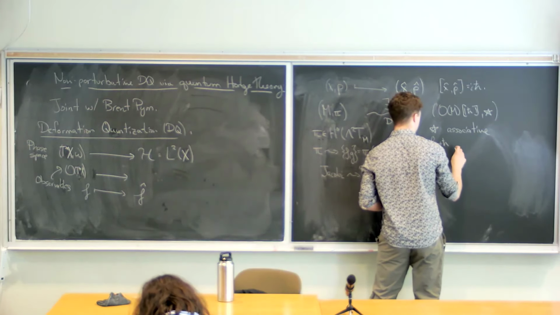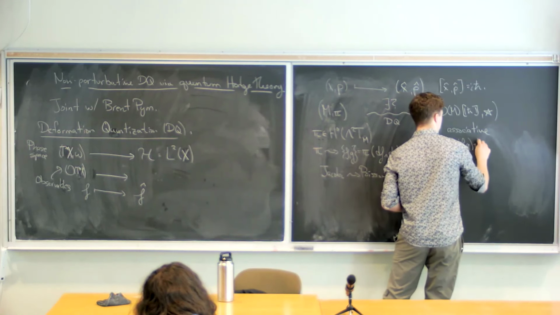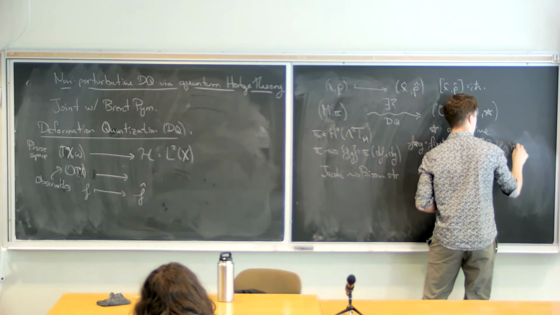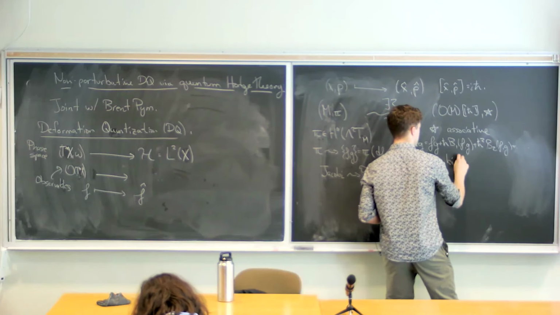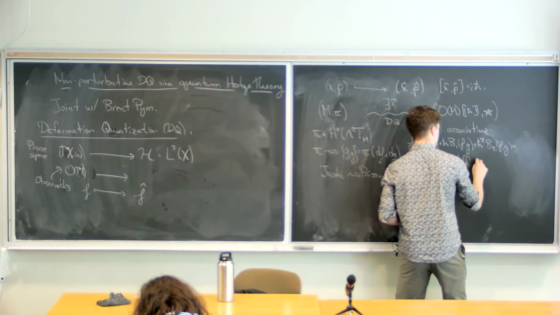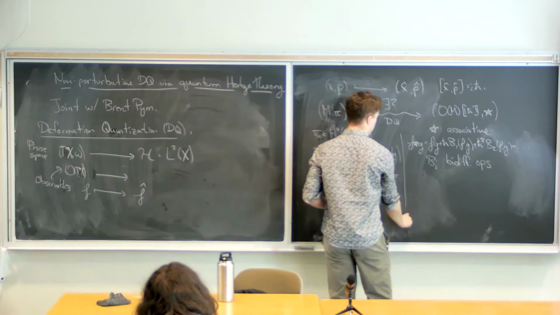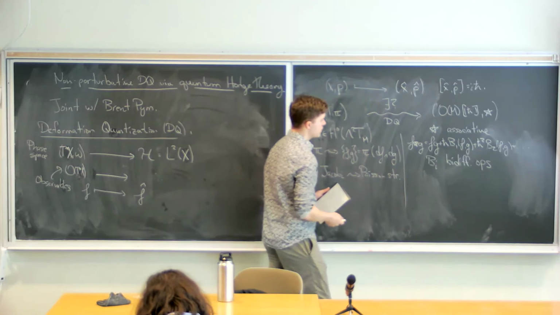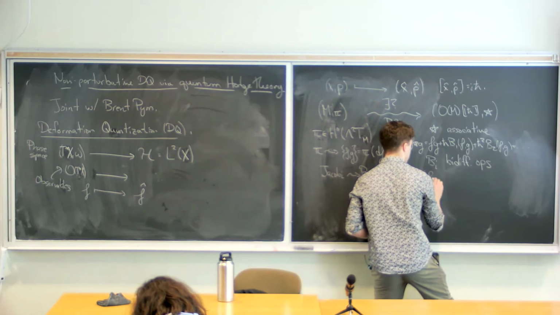Then at every order in h bar, I'm going to have some bi-differential operator applied. These things, these B_i, are bi-differential. So this is what it should look like. It should be associative. And I want to be able to recover the Poisson structure from it.